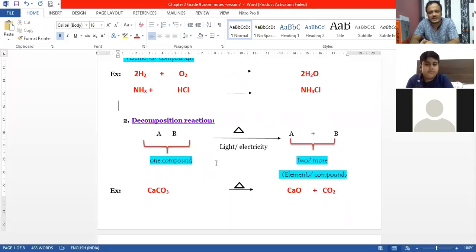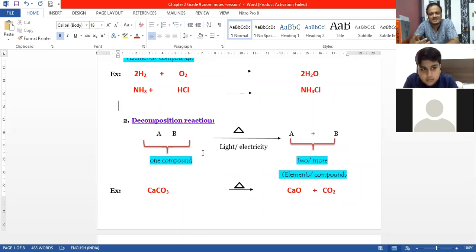Decomposition reaction does not happen automatically. We have to provide energy for it to take place, and the types of energy used are mentioned above and below the arrow mark, as you can see on the screen. That is the delta sign. You all know what delta represents: heat provided to the compound. Similarly, light and electricity are also given.